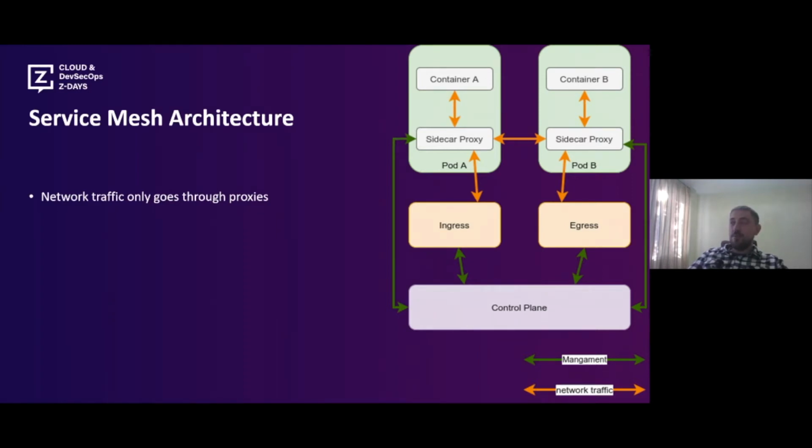It will not reach other services running on the same cluster, and it will not reach any internet domains. It will only be communicating with this proxy, and this proxy in turn will be doing all the required network communications on behalf of your application.